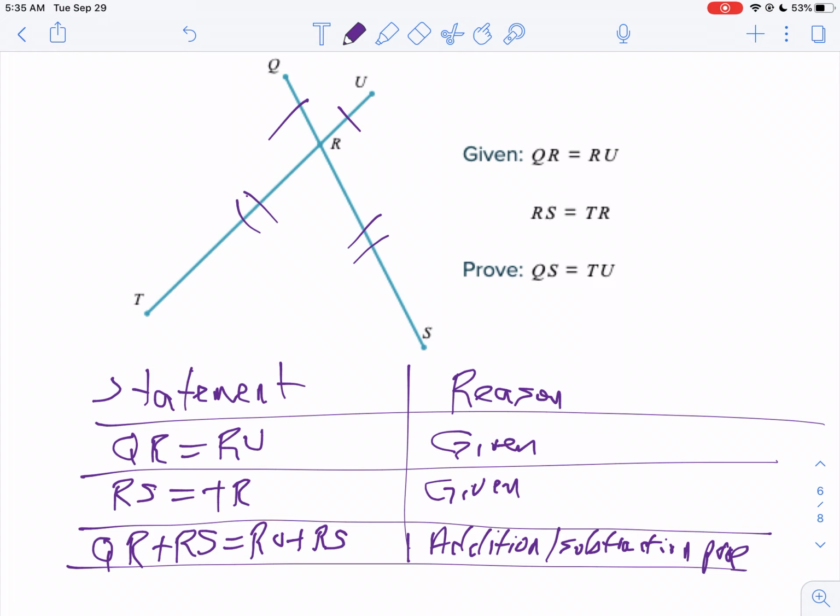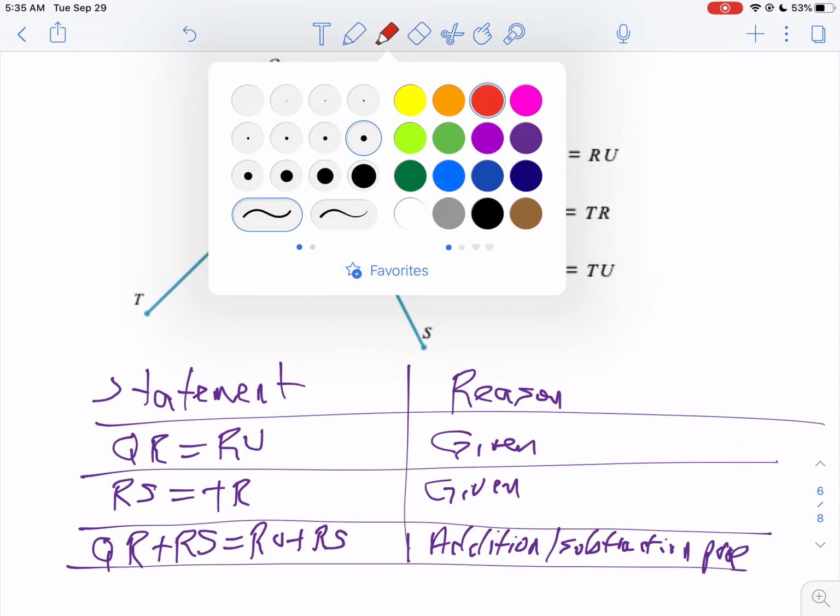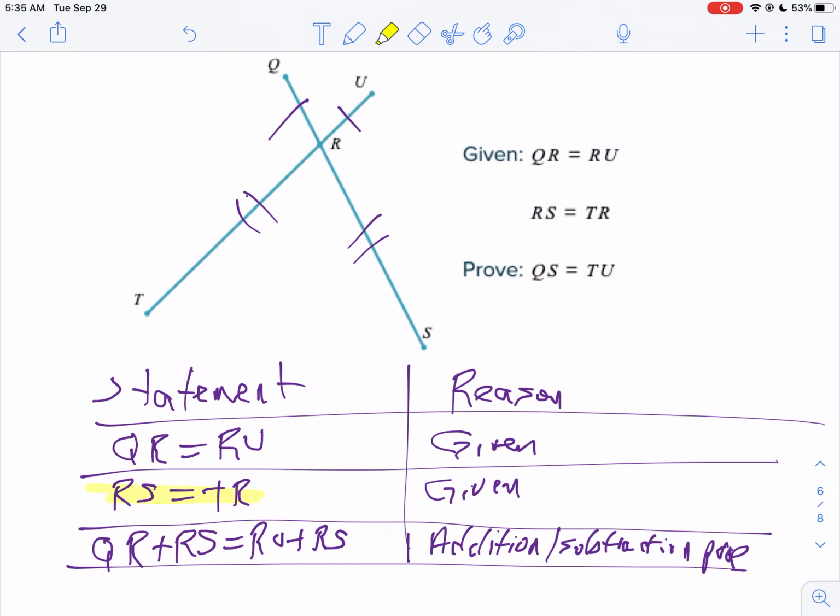Now, we know RS is the same as TR. Since RS is the same as TR, in the second line I know UR plus TR, or RU plus TR, is that whole thing.